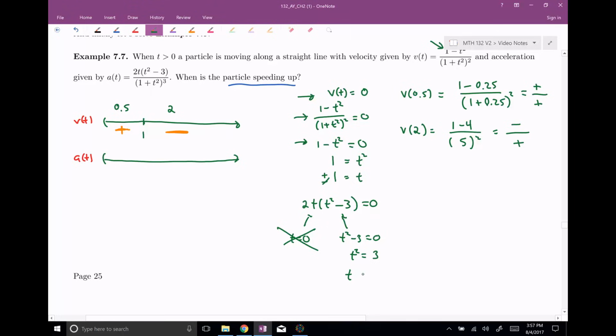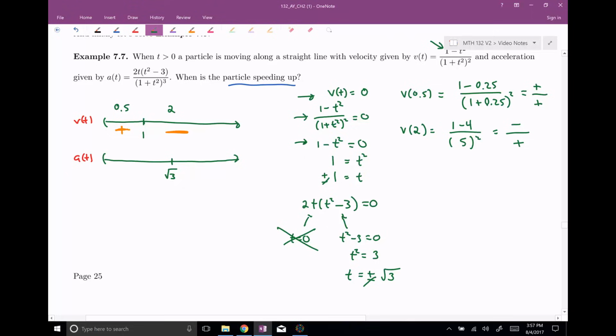So that means that t should be equal to plus or minus root 3. And again, because t is greater than 0, I'm not considering the negative case right now. So just positive root 3. Remember this is somewhere between 1 and 2, right around 1.7-ish. So I'm going to go ahead and put root 3 right over here.